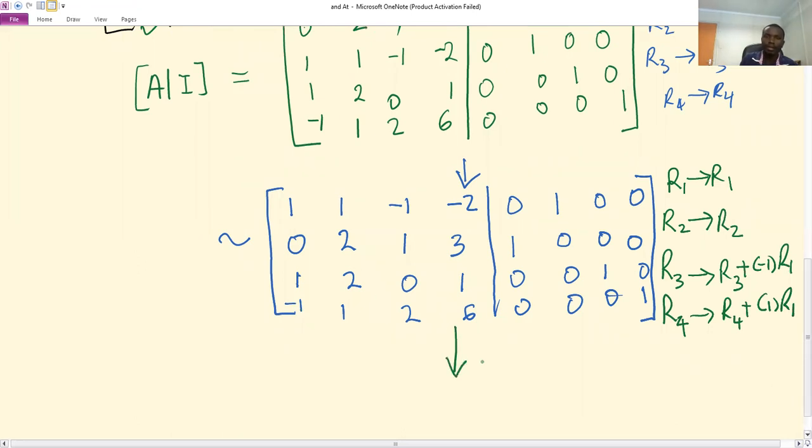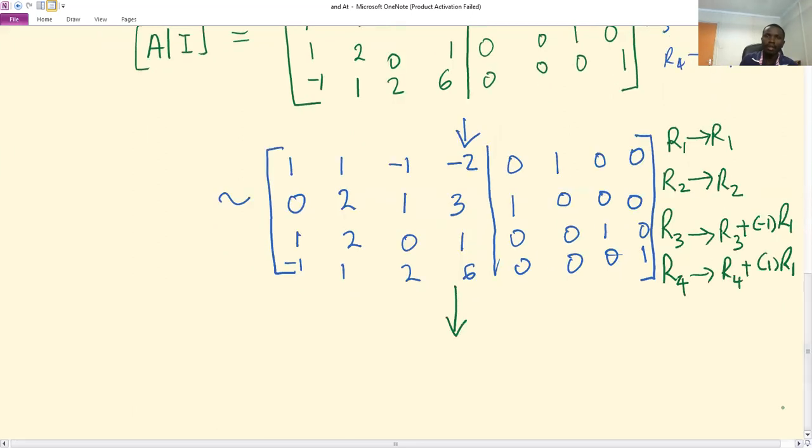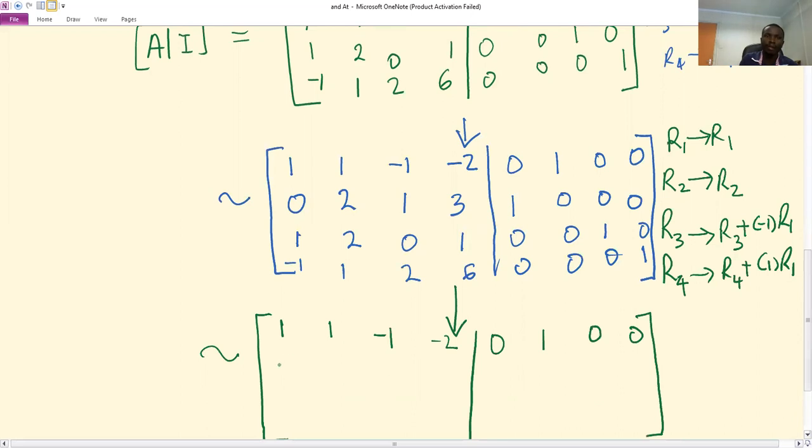This transformation gives us an equivalent matrix 1, 1, negative 1, negative 2, 0, 1, 0, 0, 0, 2, 1, 3, 1, 0, 0, 0.